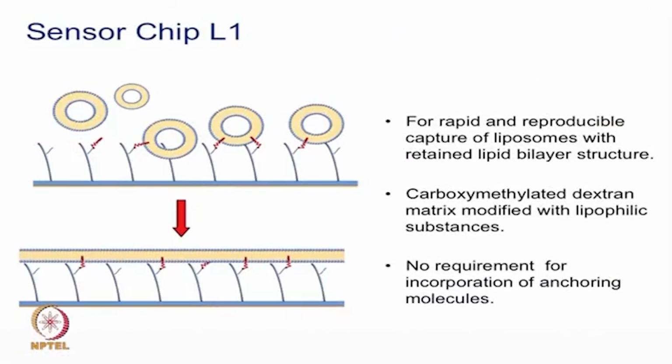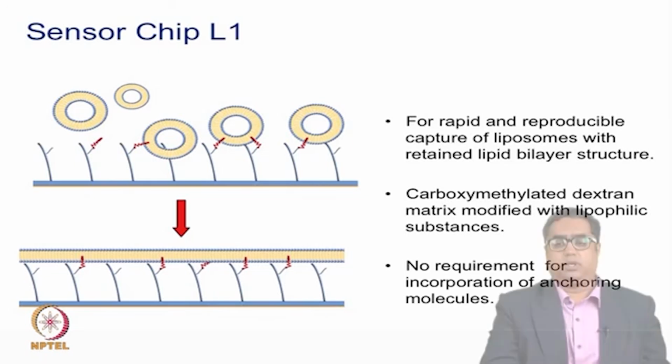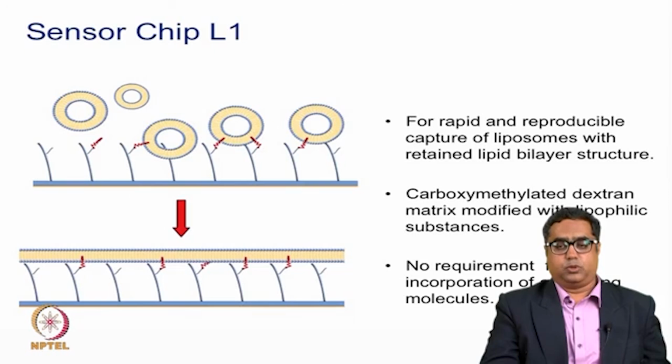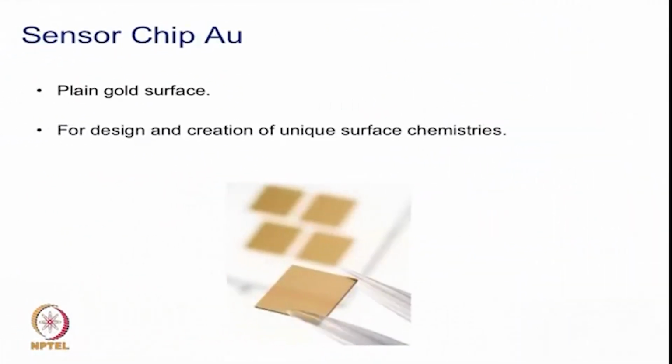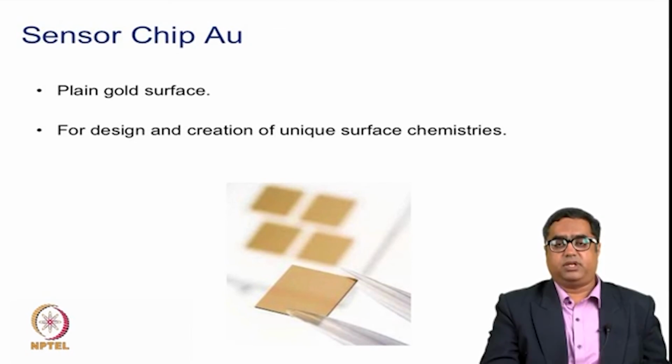L1 is another sensor chip surface which is popularly used for studying liposomes and lipid bilayer kinds of molecules, where carboxymethylated dextran is modified with lipophilic substances. So, another surface is a plain gold surface where there will not be any dextran, and these surfaces are very good with chemists where they can do their own chemistries and are useful for interaction.